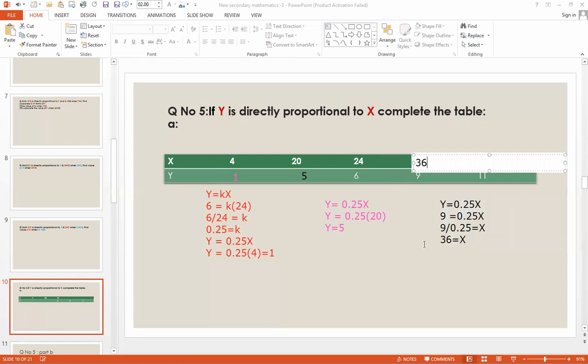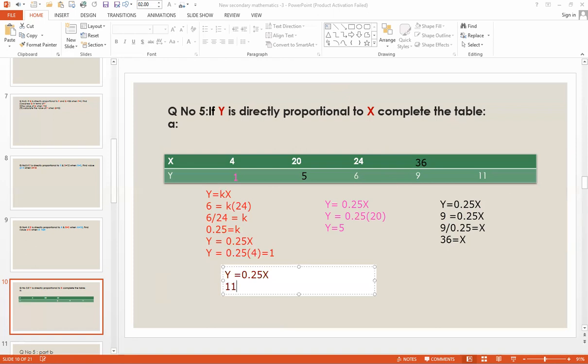36. Clear? Now I have to change the color. And after changing the color, I have to write the equation again. The same equation, the connecting equation, y is equal to 0.25x. And the value of y is given, that is 11. So 11 is equal to 0.25x.